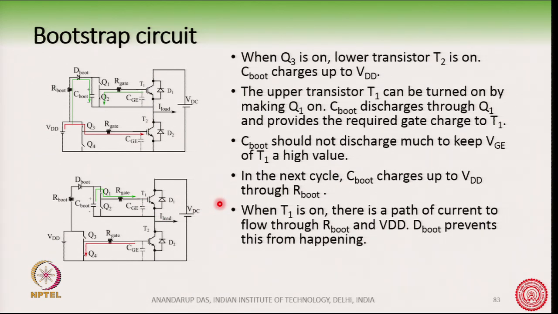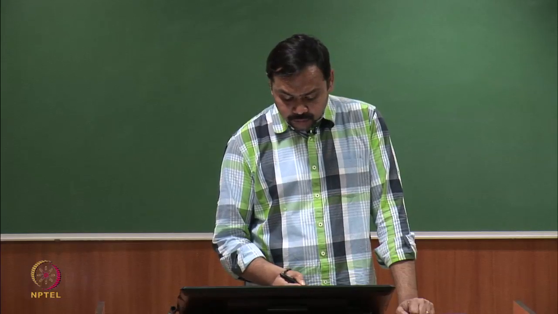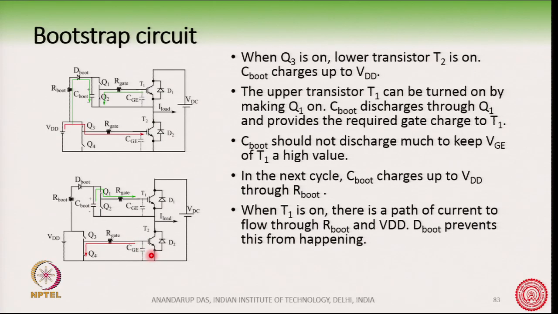Once again, when I want to turn on the lower transistor, I will turn on Q3 and turn off Q1. So this IGBT will discharge through Q2, and C boot will charge up through the lower path again, like this.